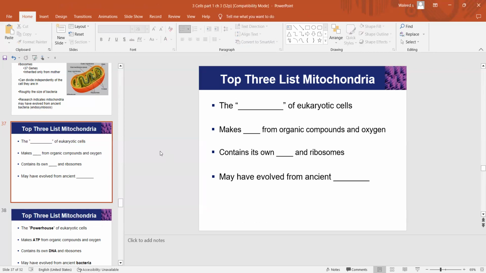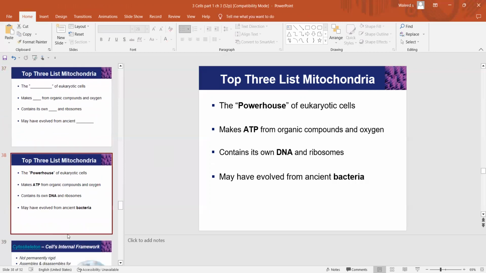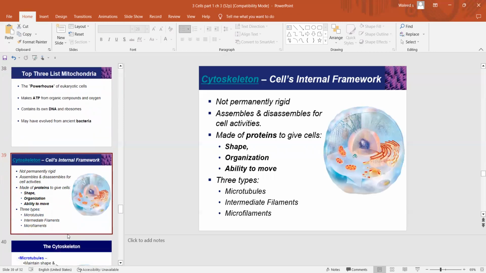By the way, if you can answer this, you can answer the questions, because this is very similar, though not exactly like this. Of course, you put the information that you see here in the form of multiple choice questions, but this is the information that you're going to use. You should be able to answer it for yourself, and also read the summary at the end.